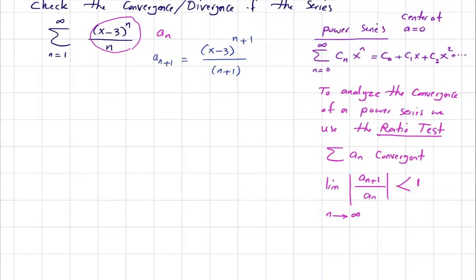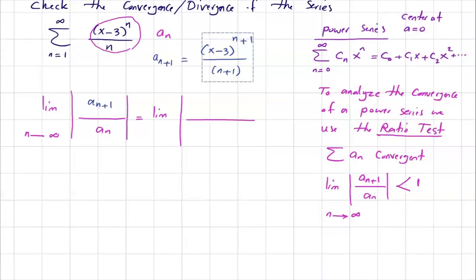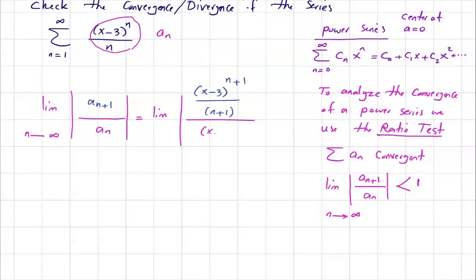By the ratio test, you get the limit of the absolute value of a_(n+1) divided by a_n as n goes to infinity, which is the limit of the absolute value of this, divided by a_n, which is (x minus 3) to the power n divided by n.